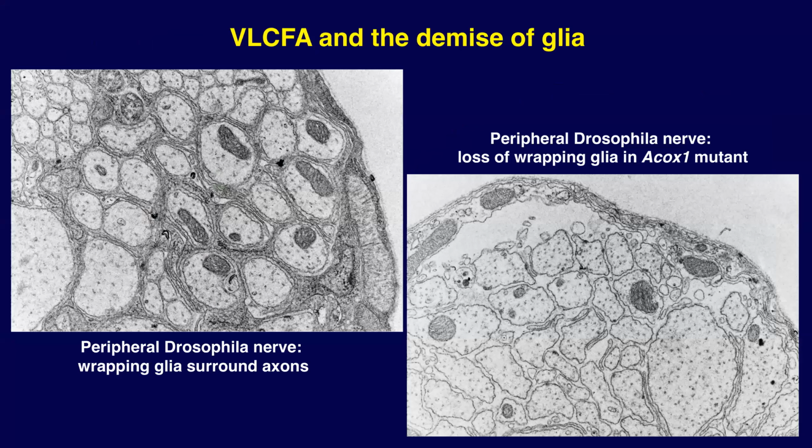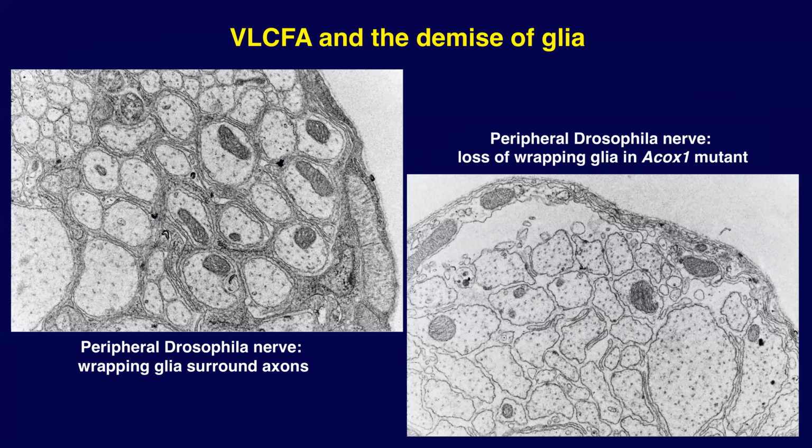So we looked at the loss of function of this enzyme in the wing margin, where we have these axons from the bristles of the wing margin that are surrounded by glial cells. And when you look in the mutant, you see that there is a dramatic loss of axons and a dramatic loss of glial cells. This is exactly the phenotype that was observed in this boy: he had lost in the periphery his glial cells. Here we call them wrapping glia in Drosophila. In human, they're Schwann cells.